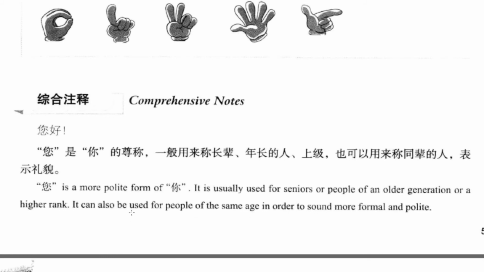It can also be used for people the same age in order to sound more formal and polite. So when you first time meet maybe a stranger, but you are the same age, you can say 您好. It's a more formal and polite way.